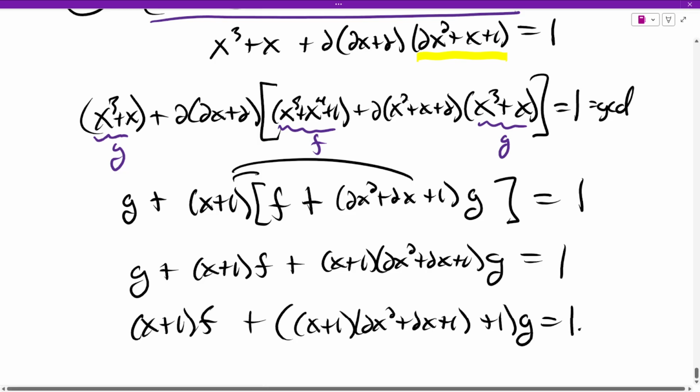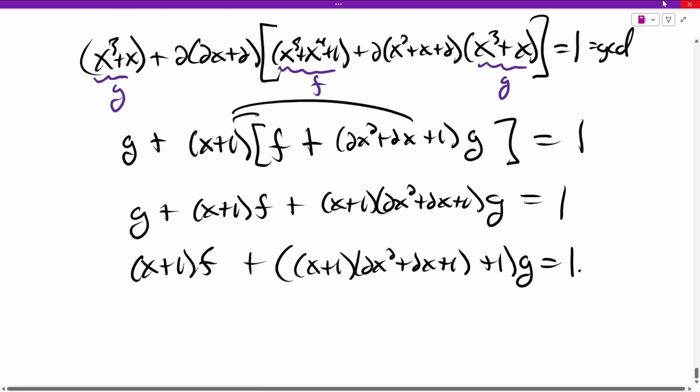But nevertheless, we have that. I worked this latter guy out in the notes, and it looks like it is equal to 2x cubed plus x squared plus 2.